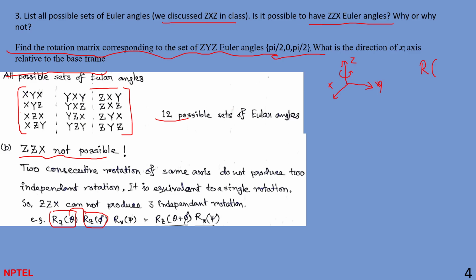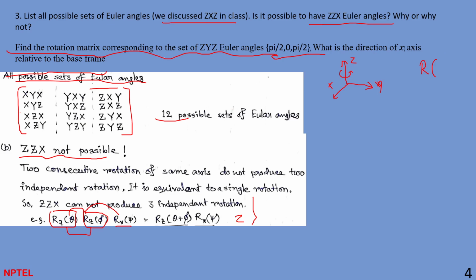And then there is one more rotation happening at x, which is the phi rotation. When you do this matrix multiplication, you will get something like theta plus phi. So there is no independent rotation; you are actually rotating along the same axis, which is theta plus phi. There are only two independent rotations, but when you say a possible set of Euler angles, it needs three independent rotations. That's why you can't club it.